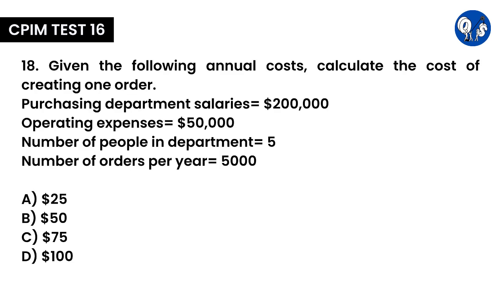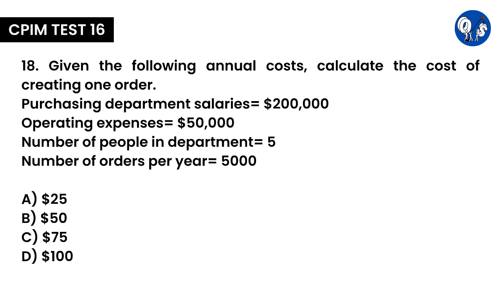Question number 18. Given the following annual costs, calculate the cost of creating one order. Purchasing department salary is $200,000, operating expenses $50,000, number of people in department 5, number of orders per year is 5,000. And the options we have are A. $25, B. $50, C. $75, D. $100.